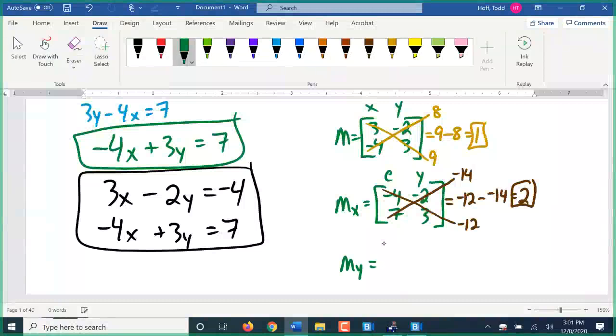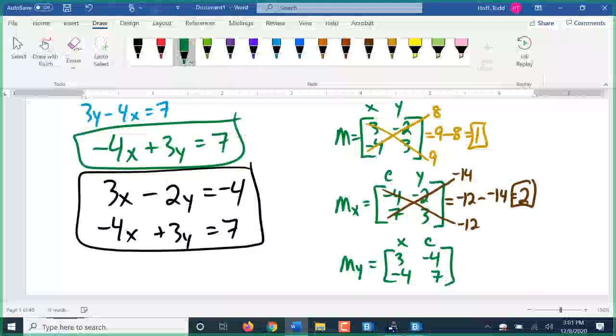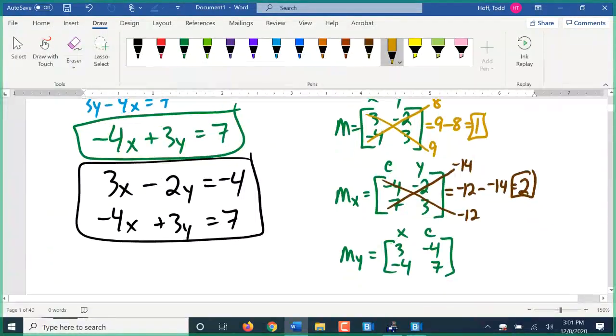For y, the x column is back. This time we've replaced the y column with the constants. So the x column is still 3, negative 4. Constants is negative 4 and 7. So doing our determinant, 3 times 7 is 21.